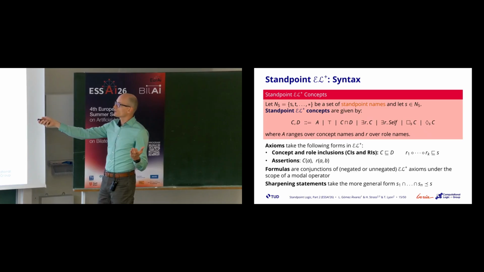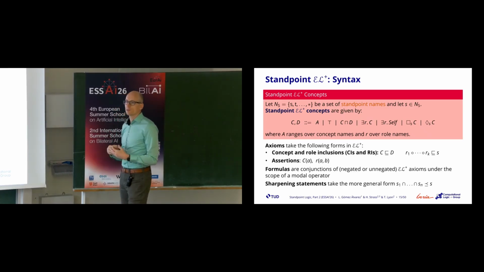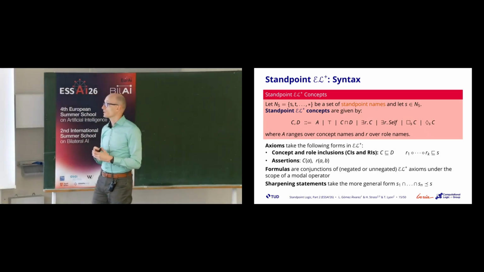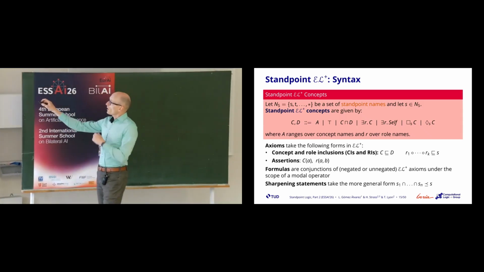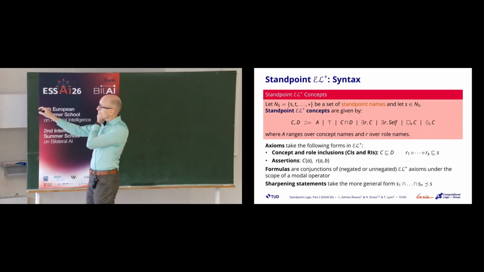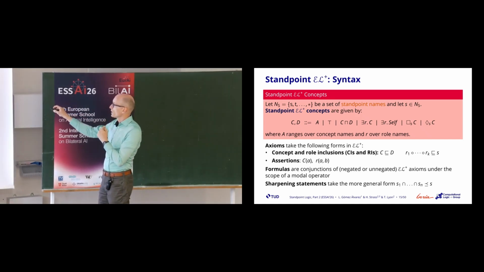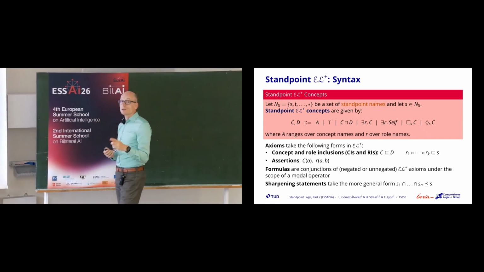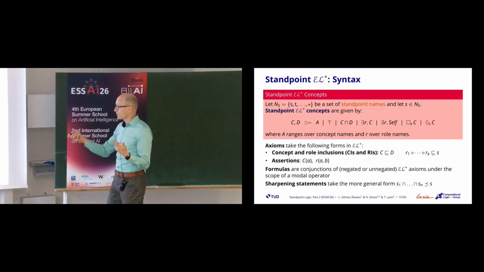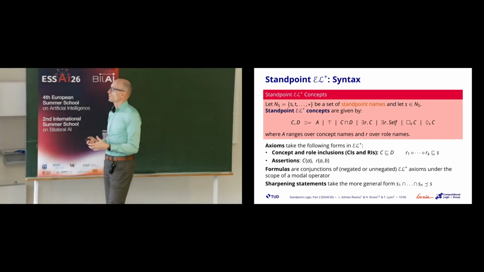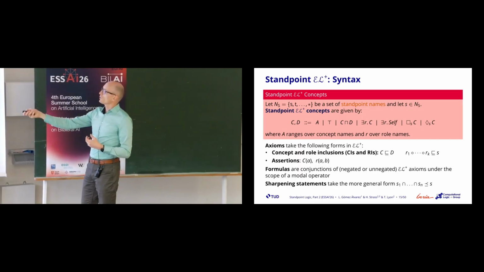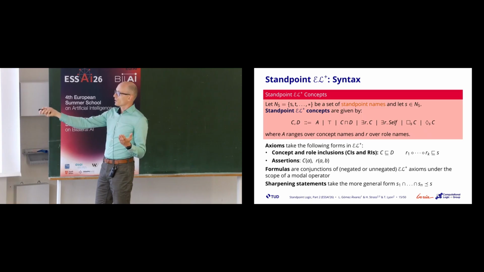As usual, we include this star, the universal standpoint, referring to the set of all precisifications. Once we have one of these standpoints, we can use the modalities. And the important bit here is that, because we are in the monodic fragment, we are allowed to use these modalities within concept terms. To build a concept term, you can use a concept name, the top concept, conjunction, or existential restriction.